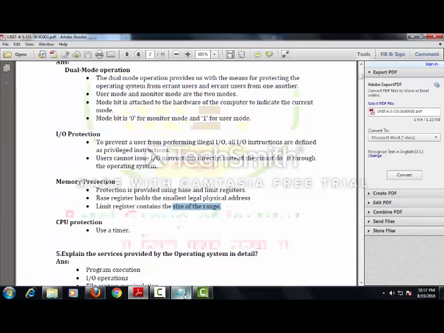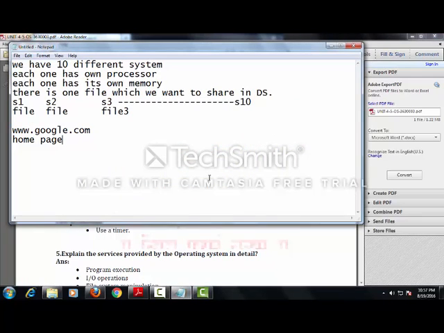Let's have a look at how memory protection takes place. Memory protection is done by two registers: the base register and the limit register.